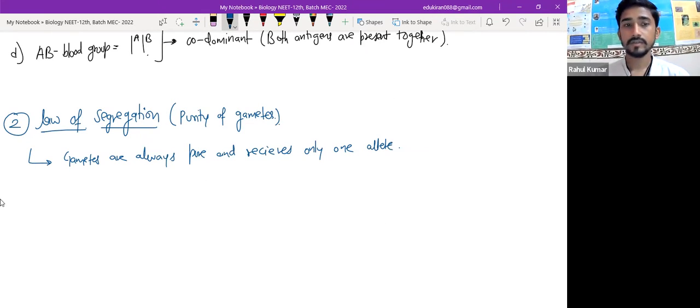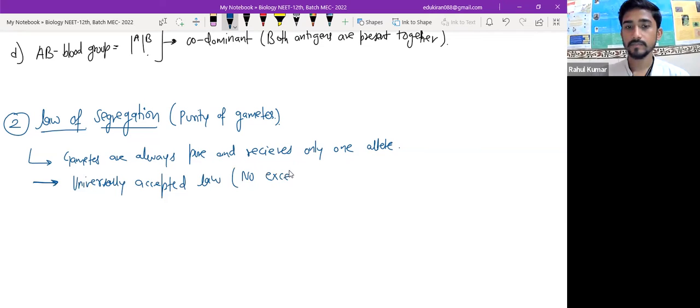And this law, write down, law of segregation is the only universally accepted law with no exceptions.